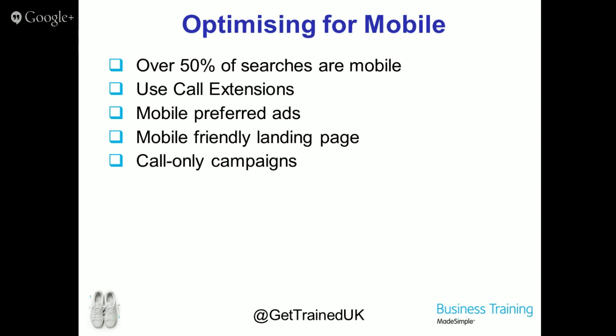So if someone's searching on a mobile phone, they'll see your advert, and it's actually impossible to click through to your website. Wherever they click on the ad, all it will do is patch them through to you on the phone. So if phone calls are your main conversion, your main goal, then I would strongly recommend at least testing out call-only campaigns to see how well that works for you.